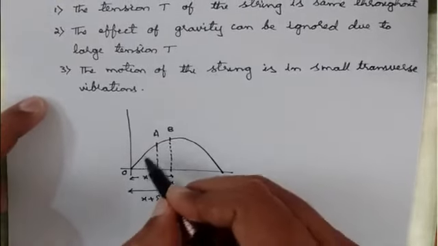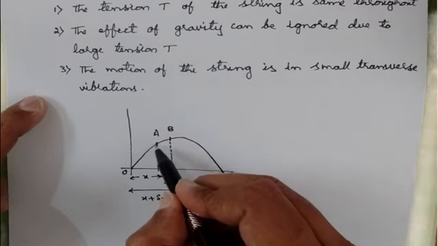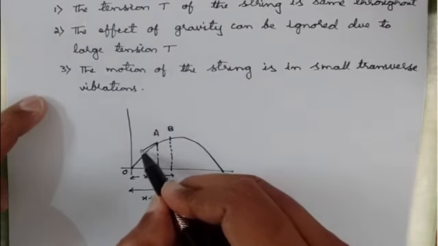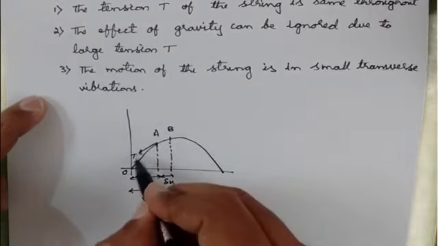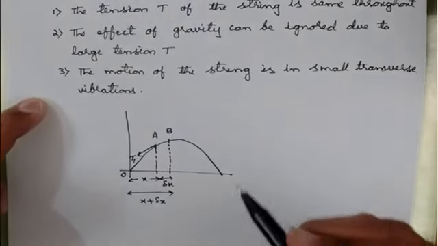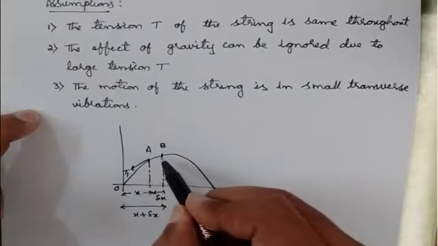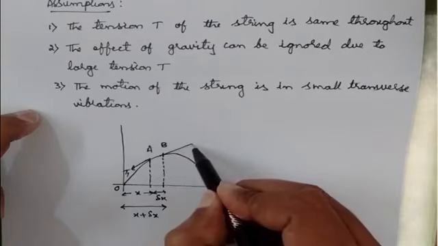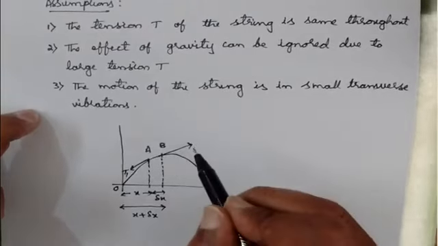Now because this is a string, the tension will be acting. Suppose I take the tension as T1 in this direction. Here, if I draw a tangent, this is the tension at the point B, which I take to be T2.